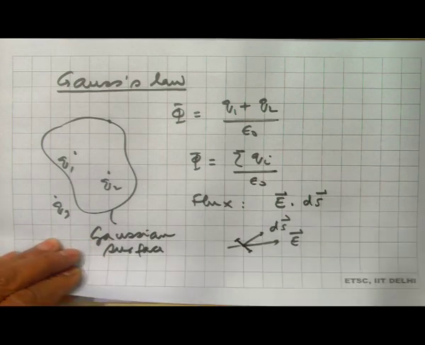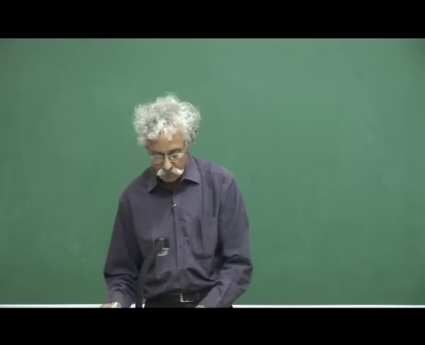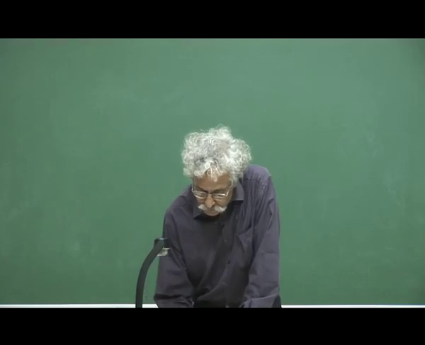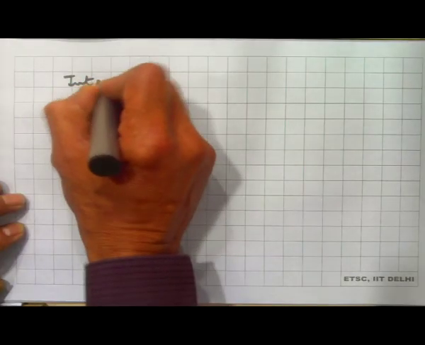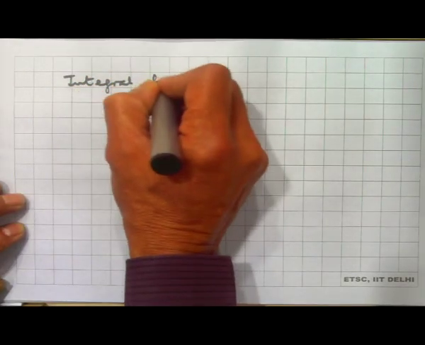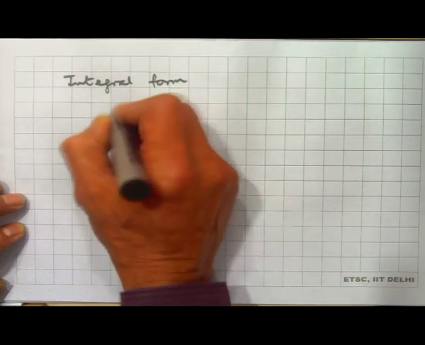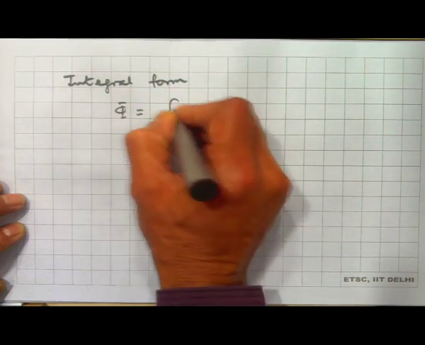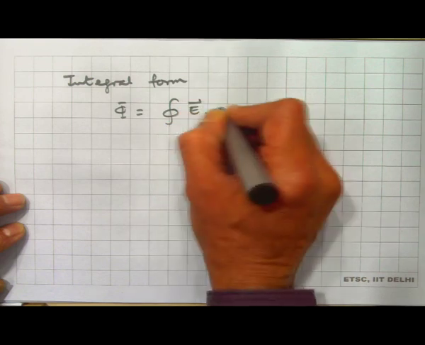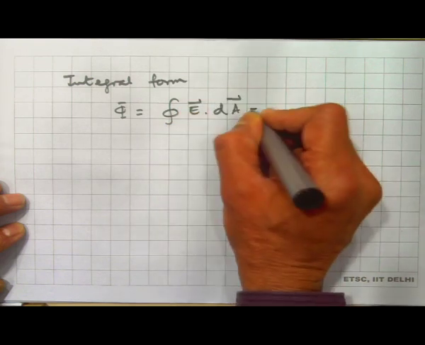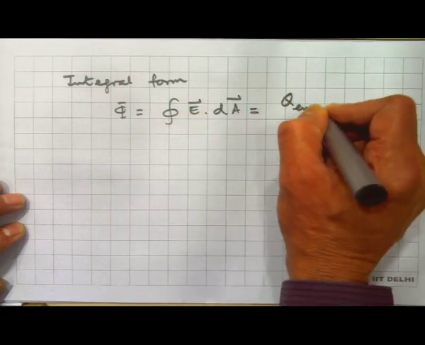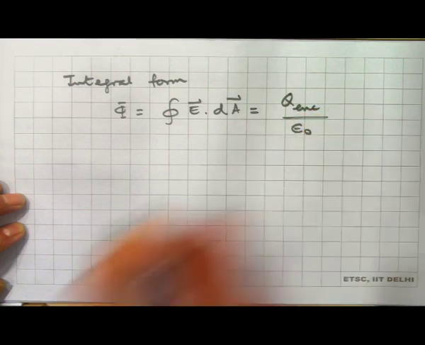I can actually generalize this into an integral form. The total flux is actually the integral of E dot dA, which is equal to charge enclosed by epsilon 0.